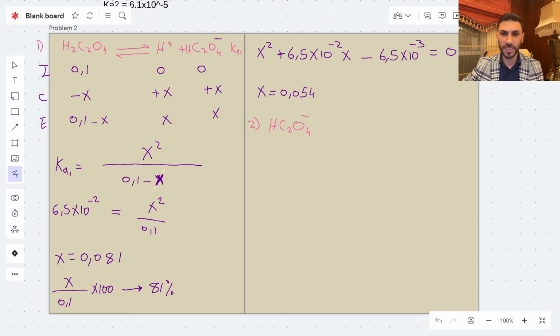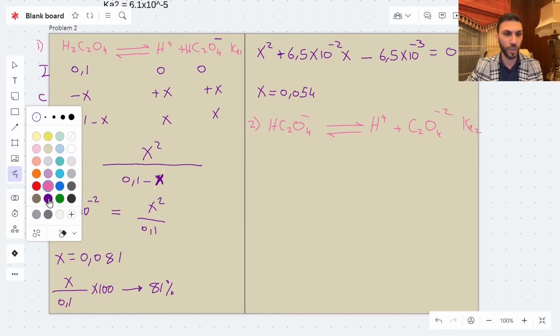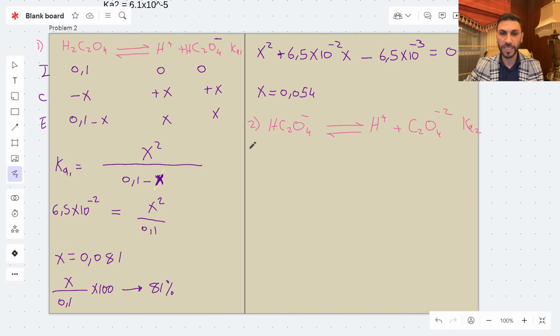Because the second step is going to be HC2O4 negative. Also, it will decompose in a reversible reaction to give you H positive plus C2O4 negative 2. And we have here the Ka2. Also, we need to write the ICE table.